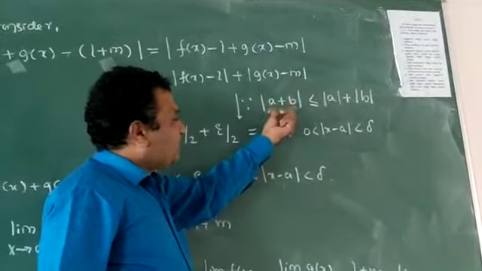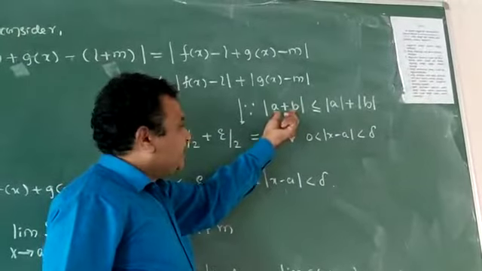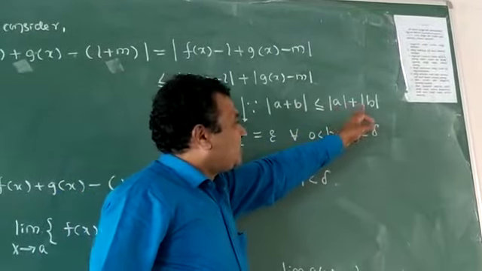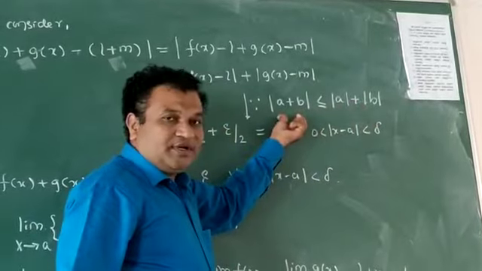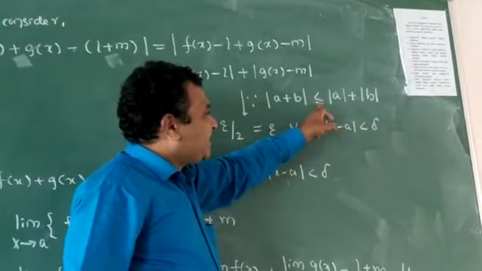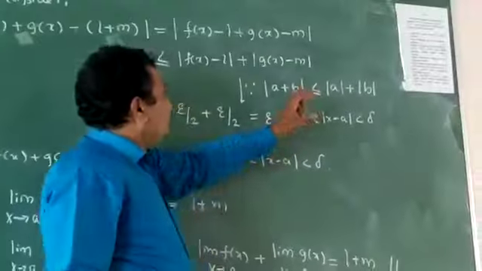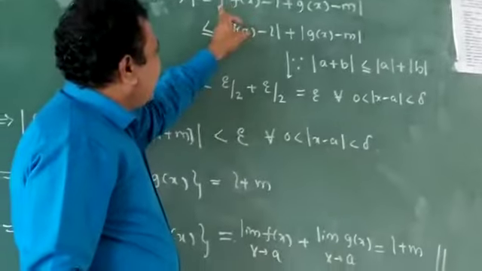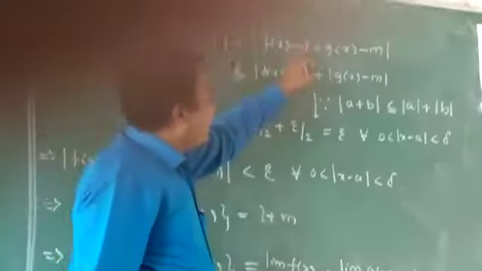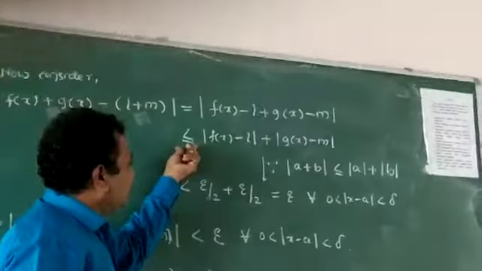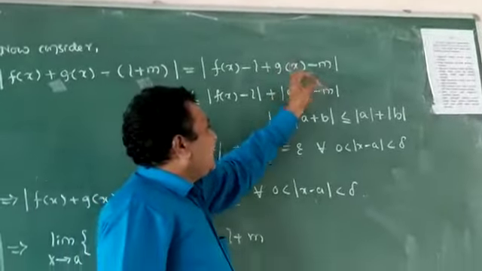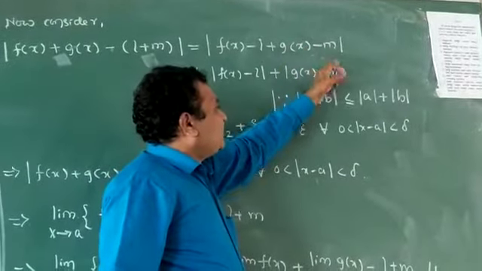Modulus of a plus b can be written as mod a plus mod b, separately, with the sign less than or equal to. So modulus of f of x minus L is less than or equal to modulus of f of x minus L plus, separately, modulus of g of x minus m.